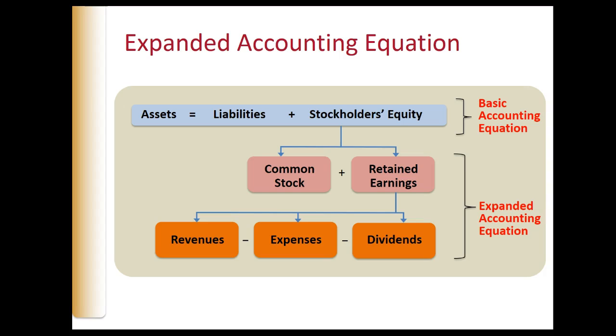On the other hand, expenses reduce net income, and dividends represent a distribution of net income to stockholders. Therefore, an increase in expenses or dividends has the effect of decreasing stockholders' equity in this expanded version of the accounting equation.